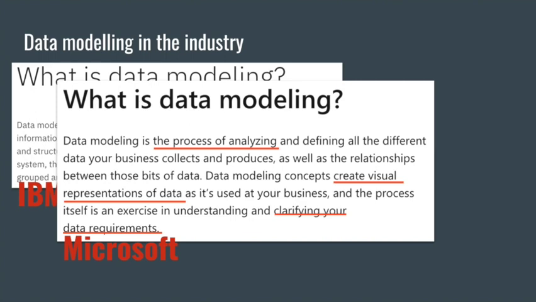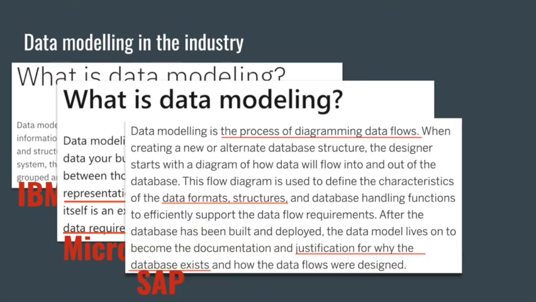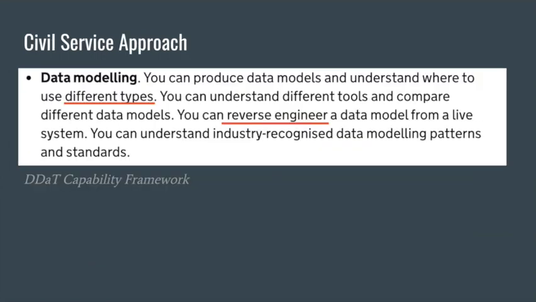It creates visual representation of data, and it's used to help us understand and clarify our data requirements. Another one, SAP. Data modeling is the process of diagramming data flows. Data format structures, those things keep appearing again and again. So as you can see, it's all analytical.